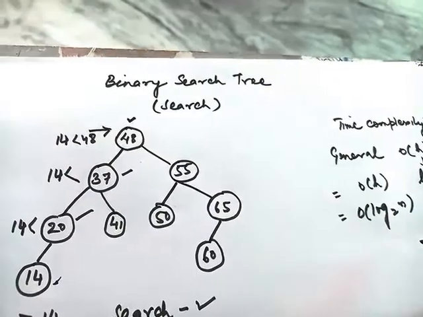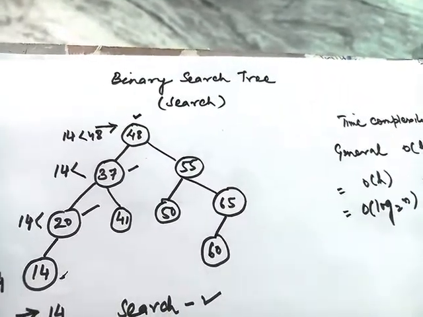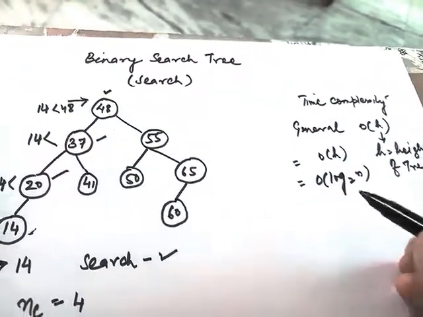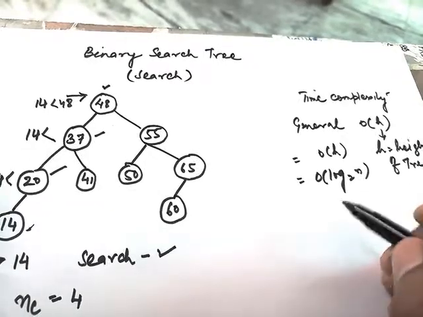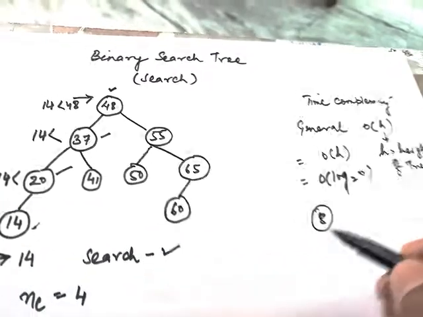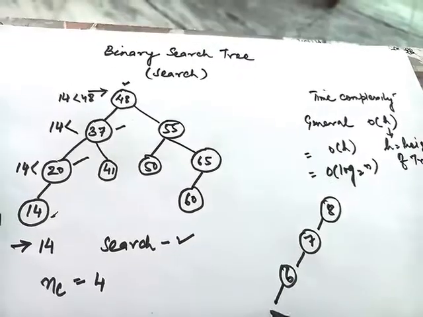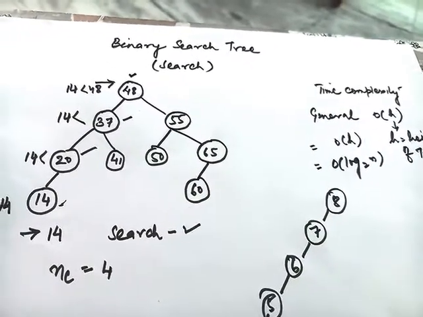But the problem is that suppose we have a tree structure like this, for example 8, 7, 6, 5 and 4.